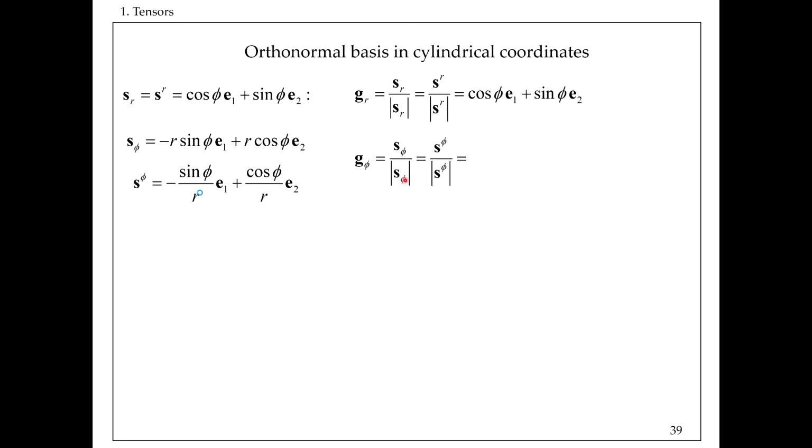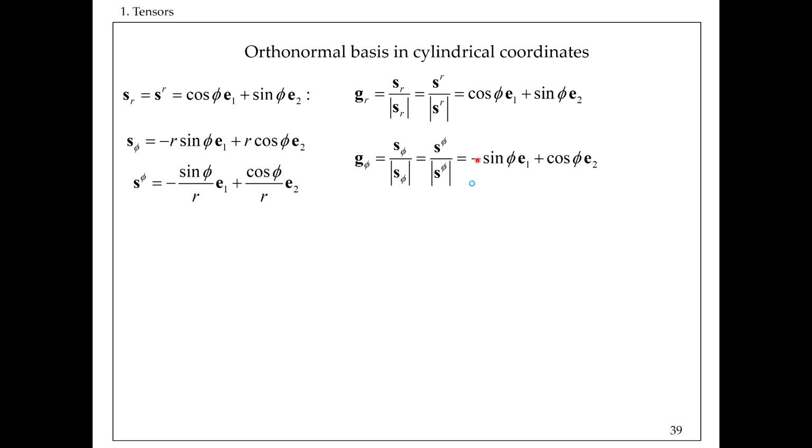Here we just divide by r, and very conveniently these two r will drop. In the other case, the same analysis gives us that the length of this vector is 1 over r, and so we divide it by 1 over r, and of course they will drop. As a result, this vector g phi will be minus sine phi plus cosine phi, and obviously this one is a unit vector.